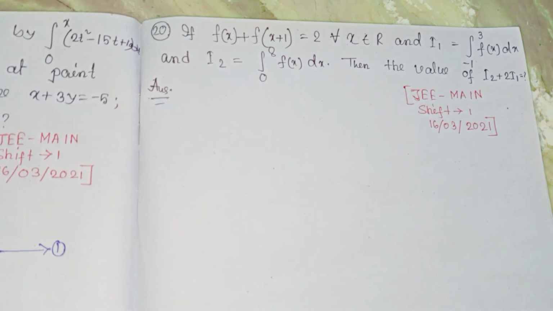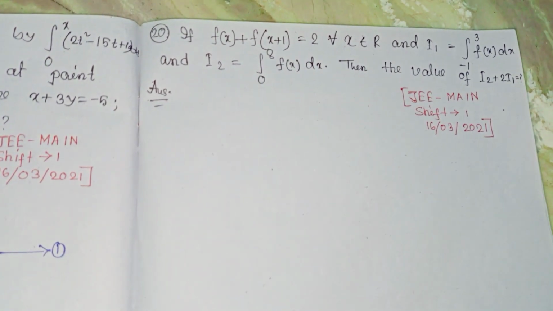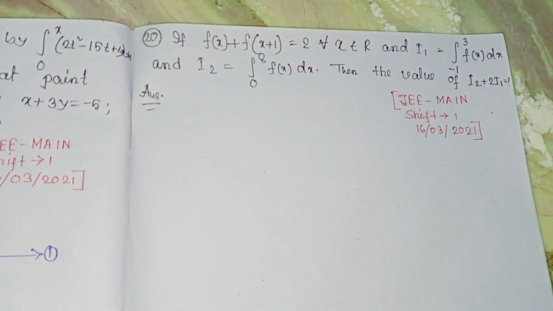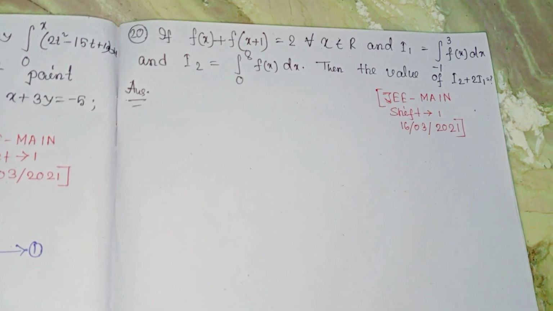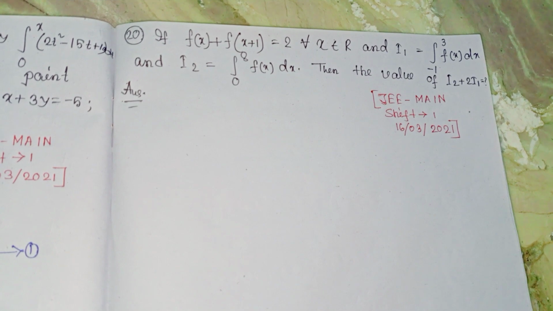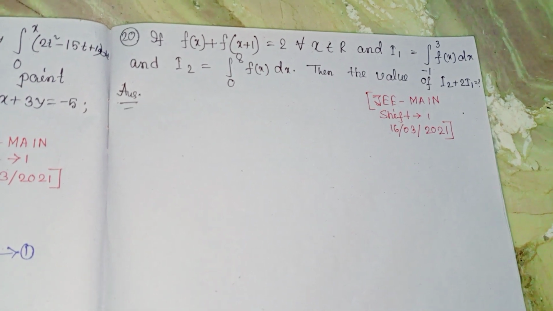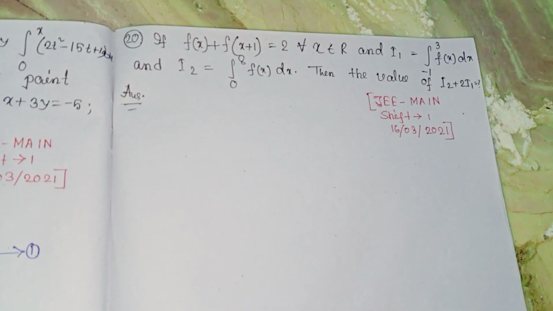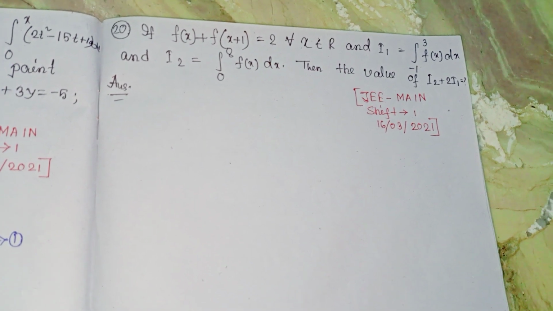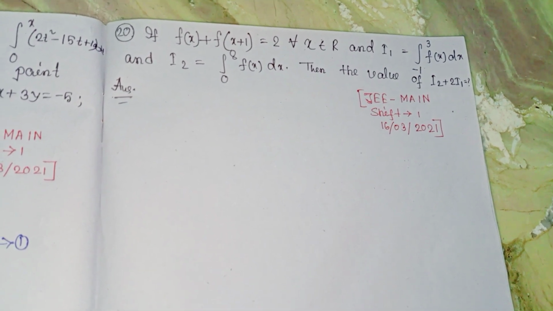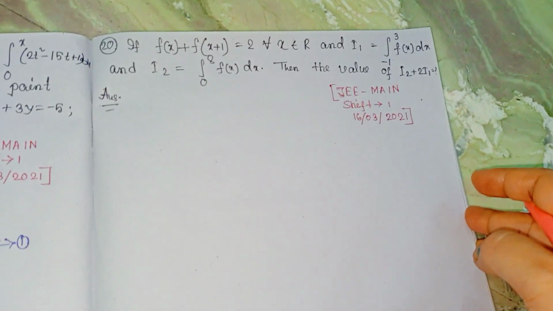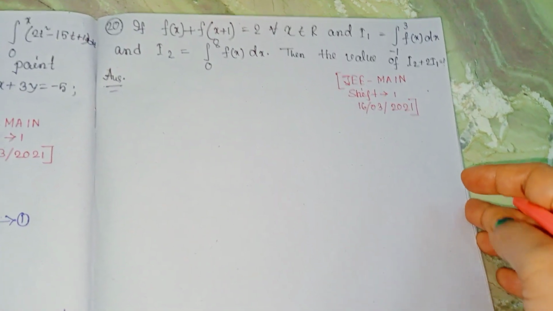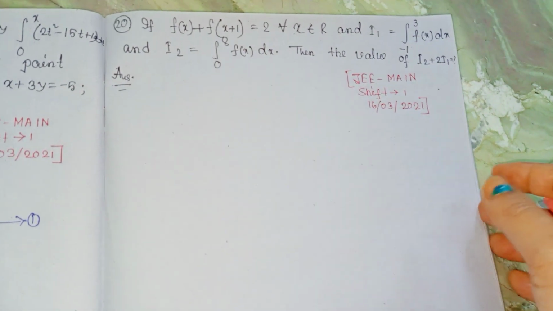Question 20 tells us that if f(x) + f(x + 1) is equal to 2 for all x belongs to R, and I1 is equal to the integral from −1 to 3 of f(x) dx and I2 is equal to the integral from 0 to 8 of f(x) dx, then the value of I1 + I2 is equal to what? This is a question on definite integration, and it is also a memory based question from JEE Main Shift 1, 16th of March 2021.